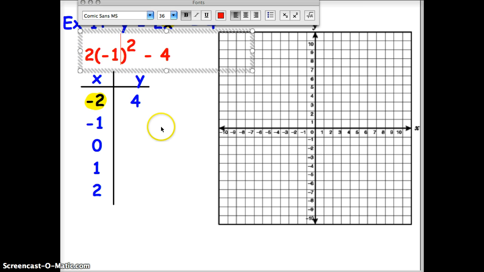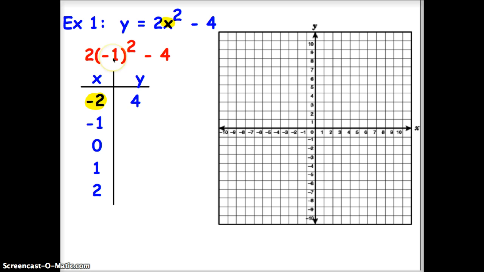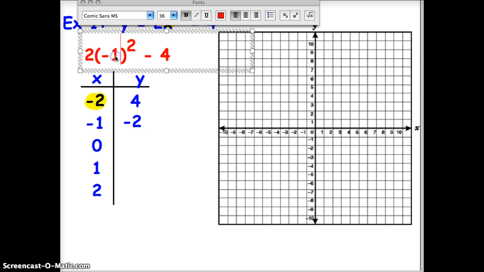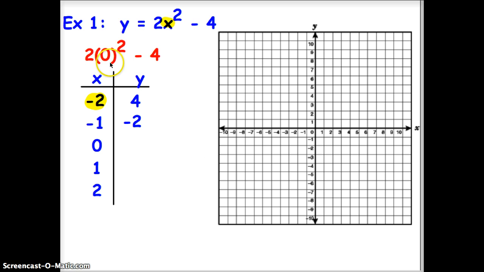If I change this to a -1, -1 times -1 is a +1. 2 times 1 is 2. So then I'll have 2 minus 4, which is -2. If I put in 0, zero squared is 0. 2 times 0 is 0. 0 minus 4 is -4.